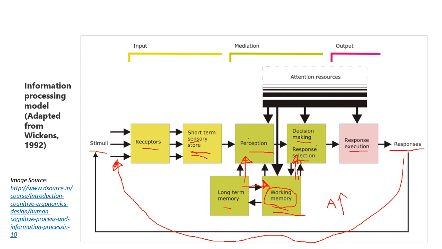In response selection, our working memory affects our response selection and decision making, which in turn is affected by the long-term memory, right? And long-term memory also influences how we perceive things.